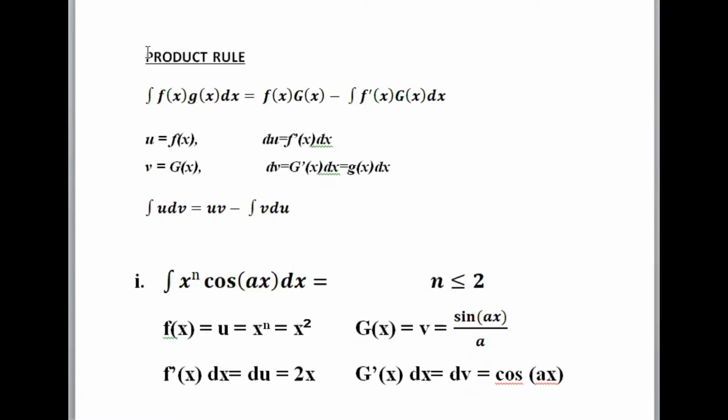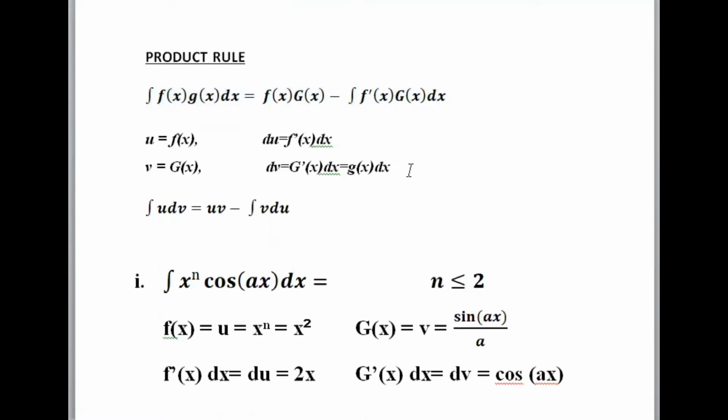This is the product rule formula, which is integrate f of x times g of x dx equal to f of x times g of x minus integrate f prime of x g of x dx.